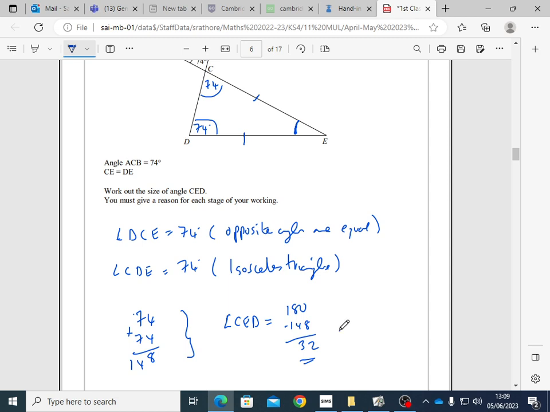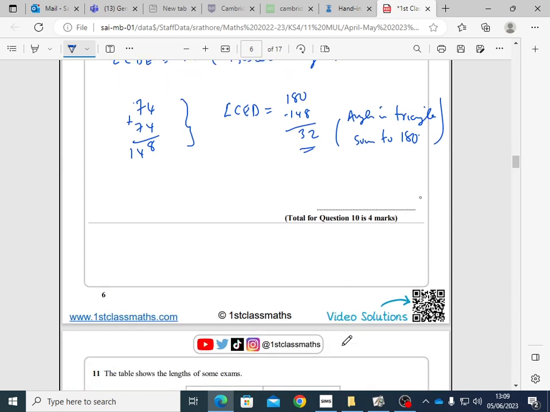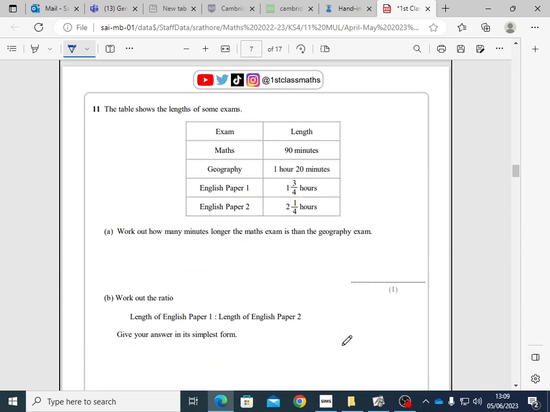And my reason is angles in a triangle sum to 180. Now you've got to write this. This will be about a 4 marker. Okay, how many marks? 4 marker, yeah. So you need to be specific that you give the reasons. The easiest part here is not writing the reasons and losing half the marks, half easy marks.